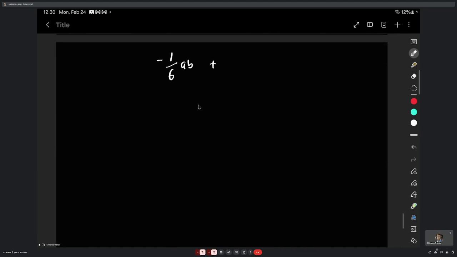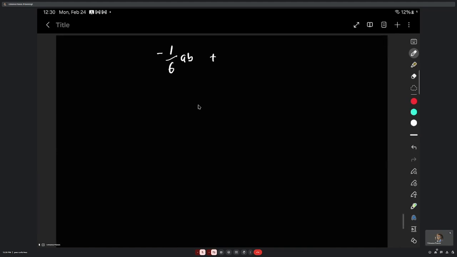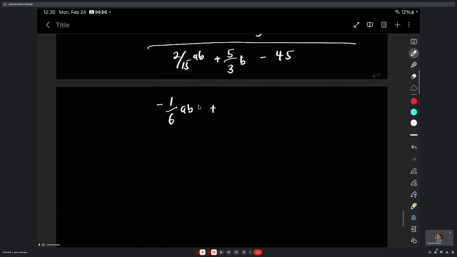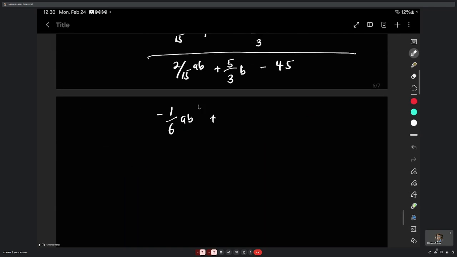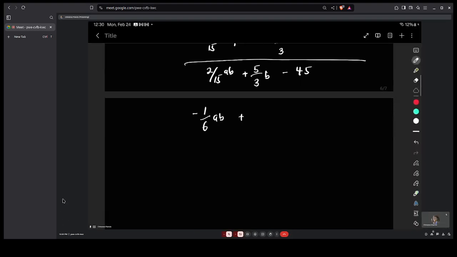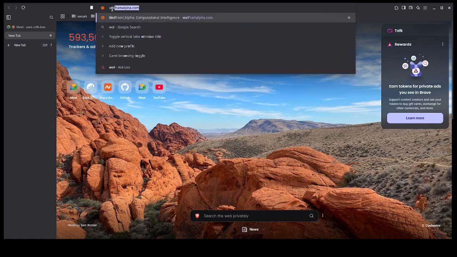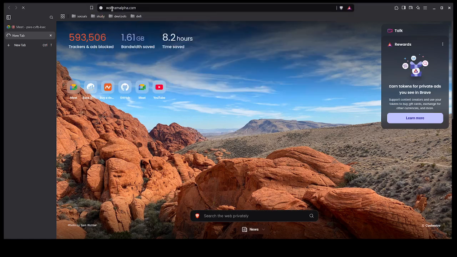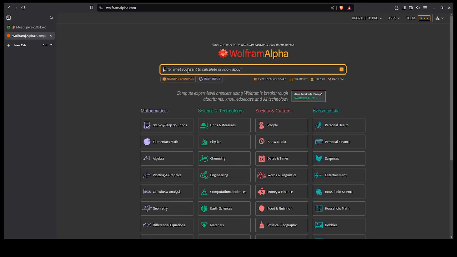What's that website? We can do this thing. Let's try it. I actually have issues accessing Wolfram Alpha. You take a call.